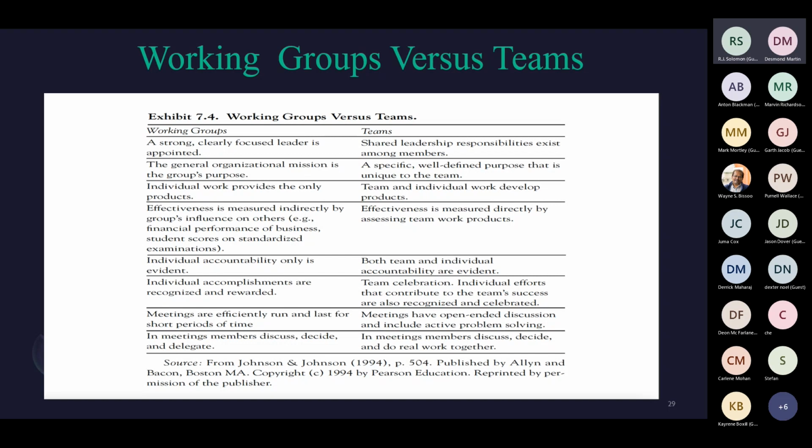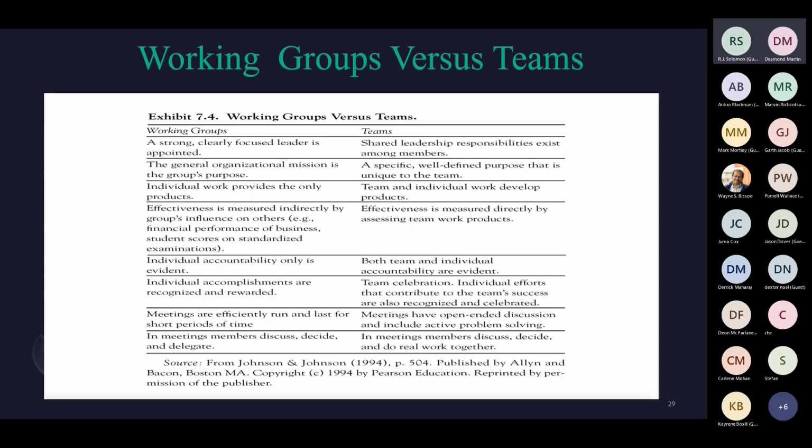The individual work provides the only products, whereas the team and individual work develop products. Effectiveness is measured indirectly by the group's influence on others, for example, financial performance of a business or student scores on standardized examinations. Whereas in the team, effectiveness is measured directly by assessing teamwork products.